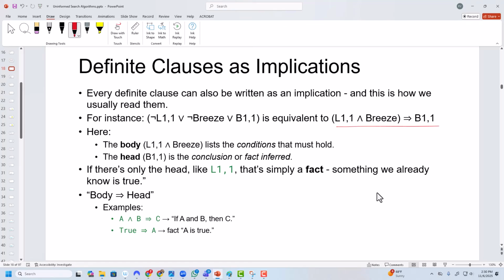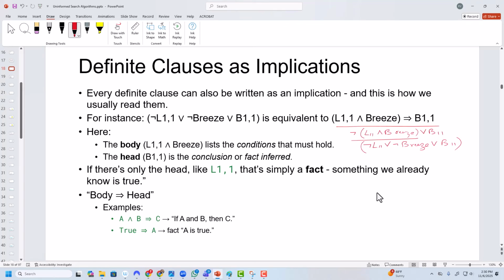If you apply implication elimination on this, it becomes not of (L11 and Breeze) or B11. Now when you open this up, by De Morgan this becomes not L11 or not Breeze or B11.